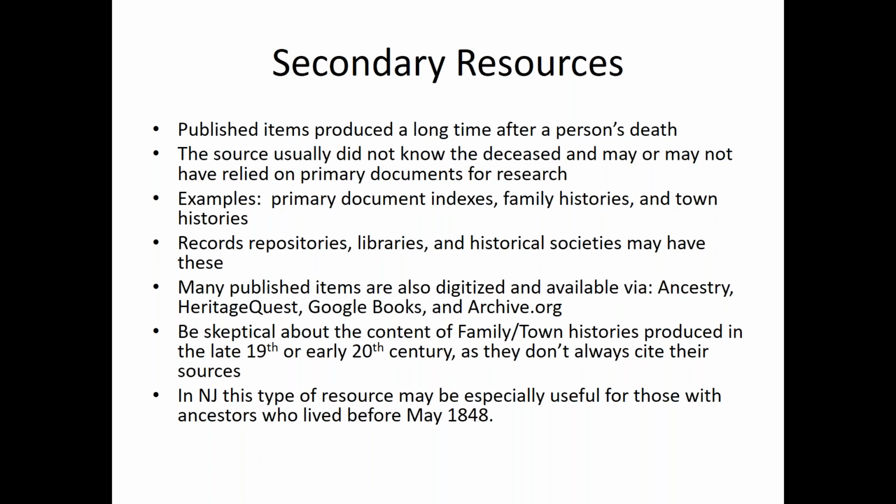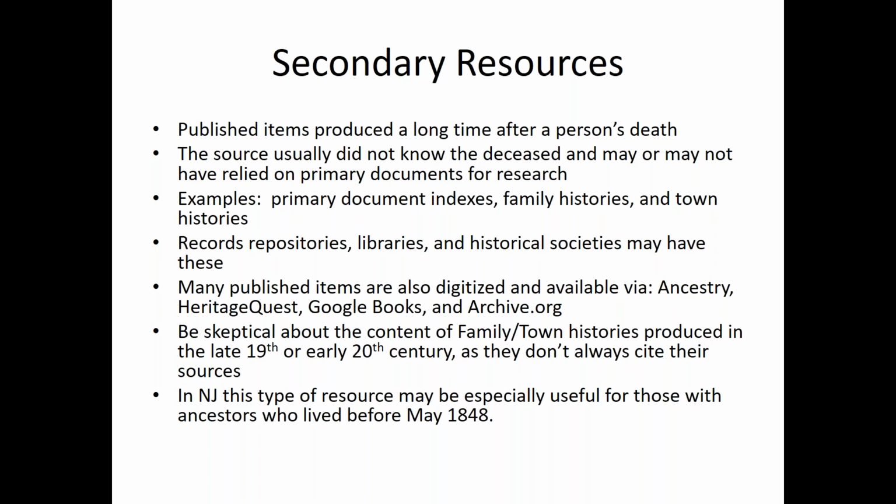Many repositories, libraries, and historical societies keep a collection of secondary resources. The New Jersey State Library has quite a large collection of these materials. Family histories and town histories became very popular in the 19th century.